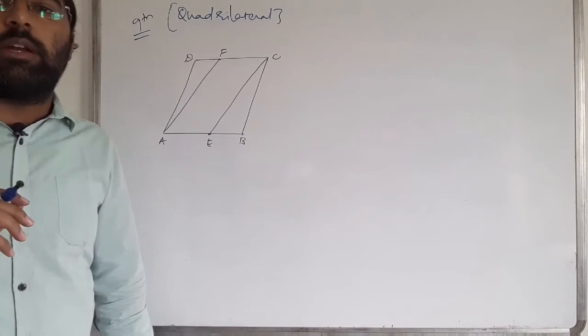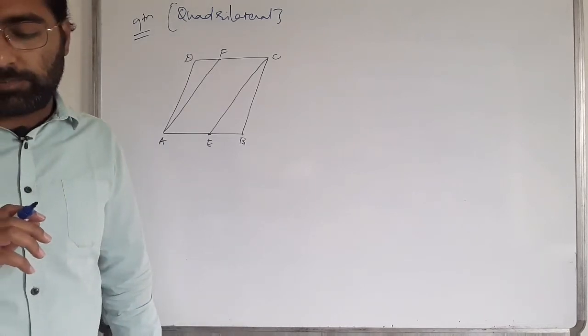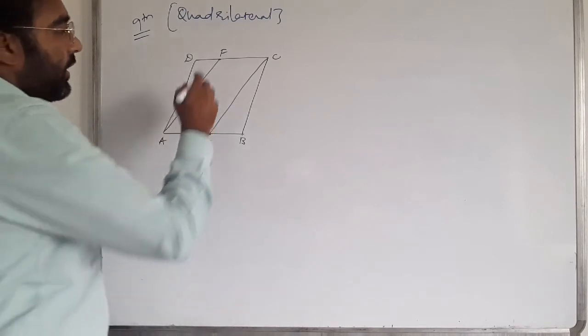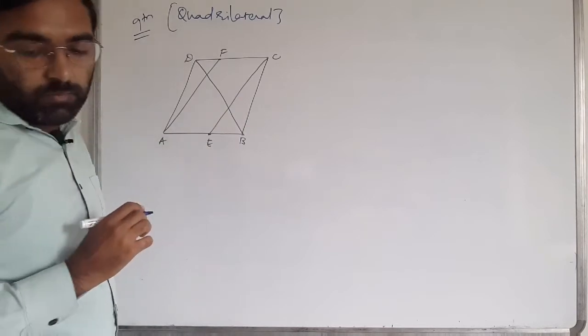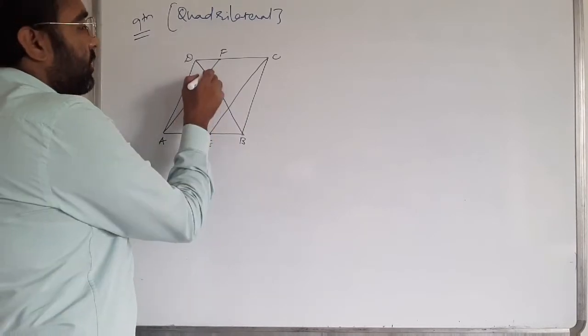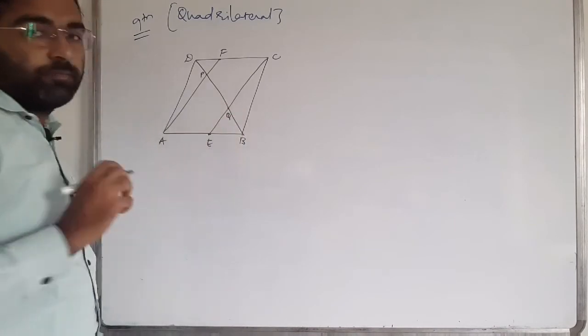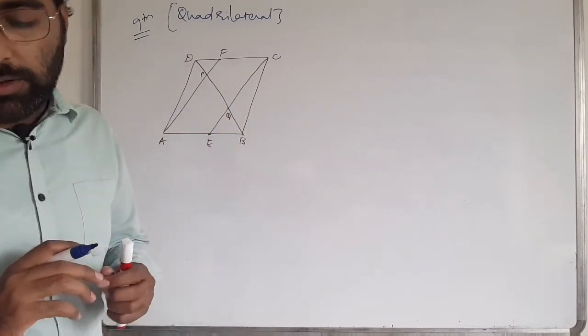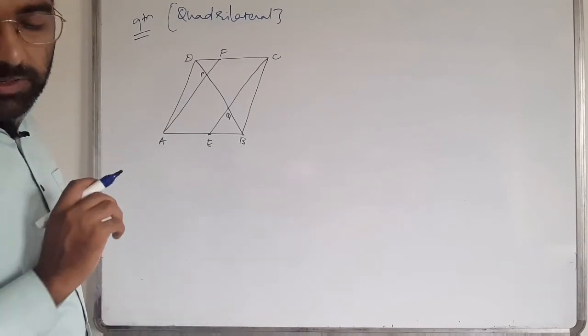Okay, so this is the figure that is given, and diagonal BD, and here the points are P and Q. Now in the parallelogram ABCD, E and F are the midpoints.